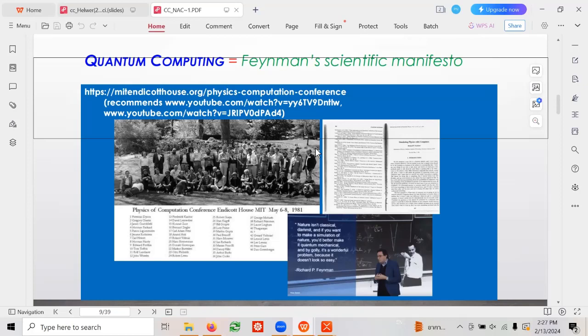If I'm going to study your muscle, I can use my hand. If I'm going to study your teeth, I need a dental instrument, which is a little bit smaller. If I'm going to study quantum mechanical physics, I need a computer of that scale. That's basically what he meant. So quantum computing was actually created to study quantum mechanics. It wasn't created to make money in Bitcoin.